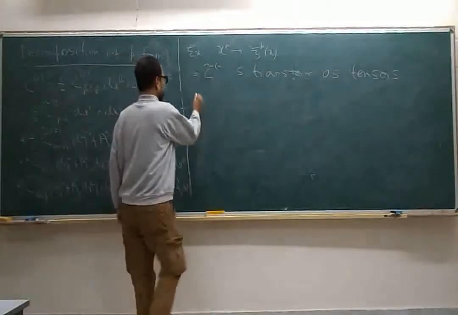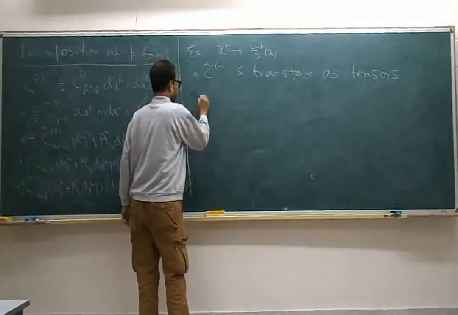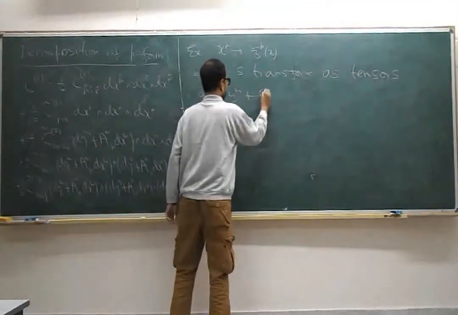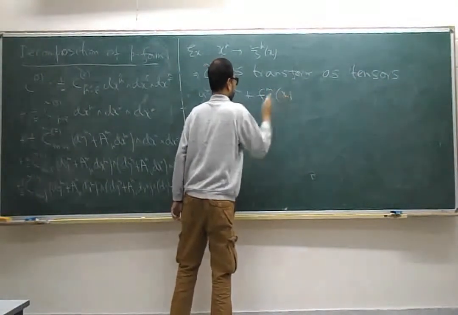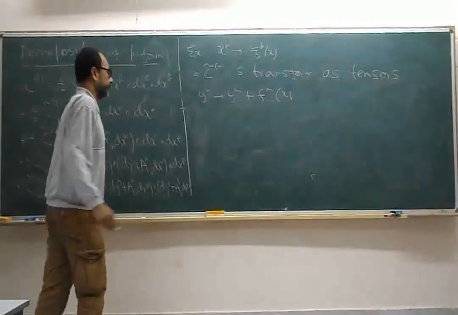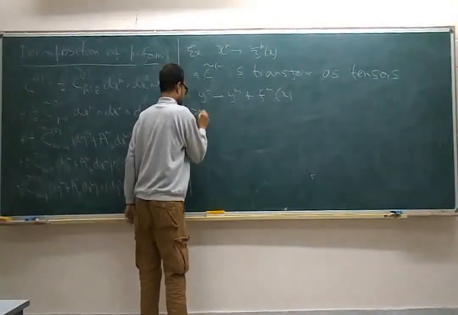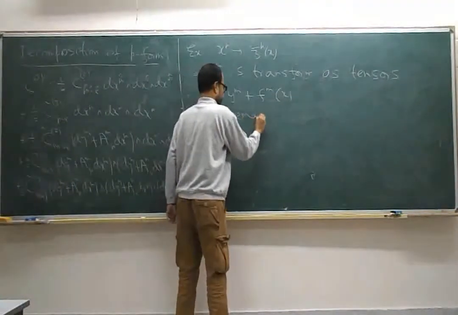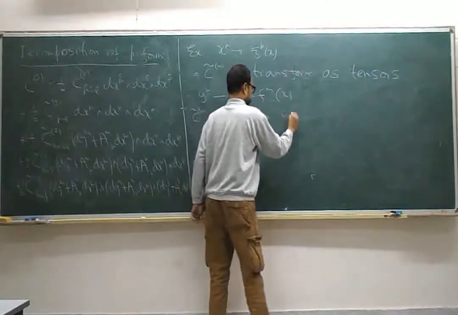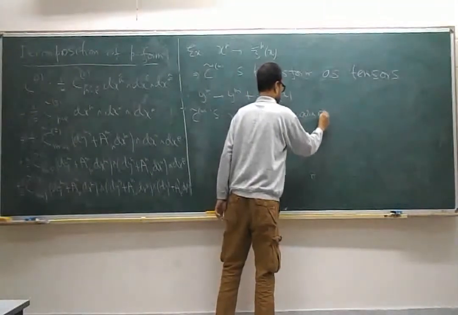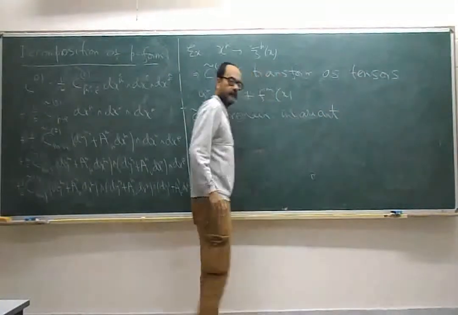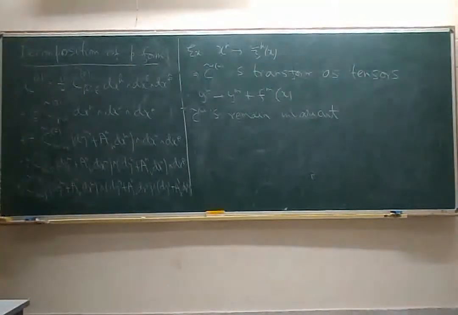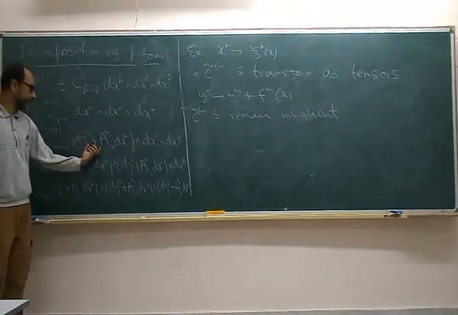It's also easy to see that if you consider y m going to y m plus f m of x, then all the C tilde m's are invariant, because this combination remains invariant.